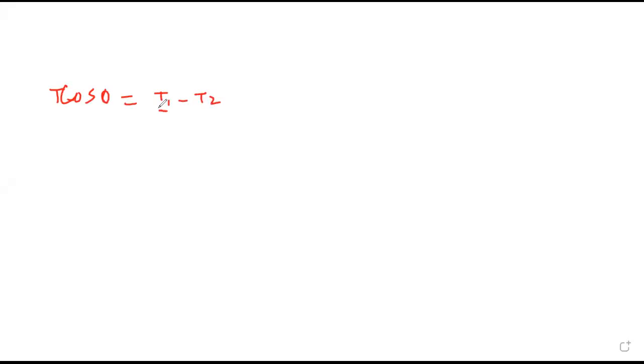Now this T1 minus T2 can be positive, can be negative. So if T1 minus T2 is positive and less than T, less than T means if T is 10, this is 9. What answer will I get? 1 or less than 1?